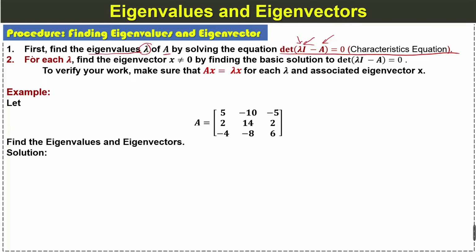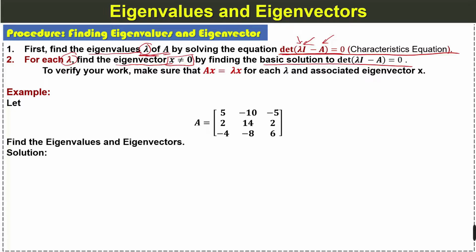Number two, for each lambda that we get by solving this equation, we find the eigenvectors. Here we can see that the eigenvector cannot be equal to 0.